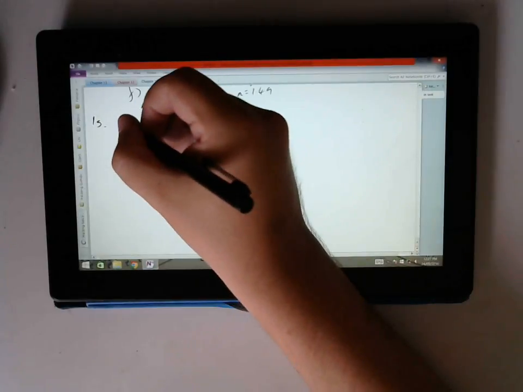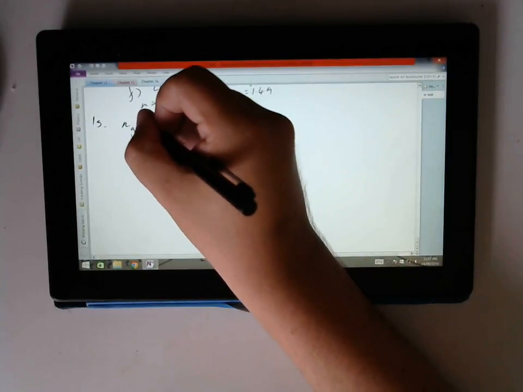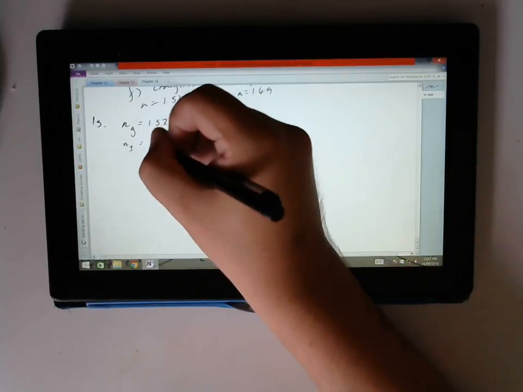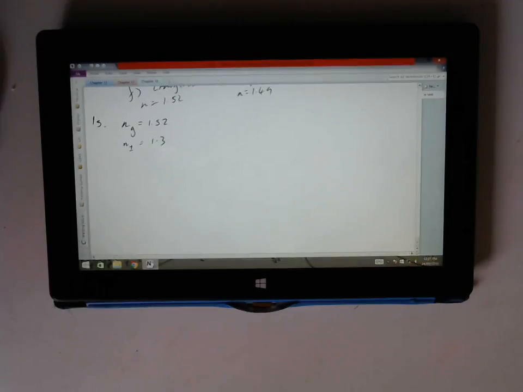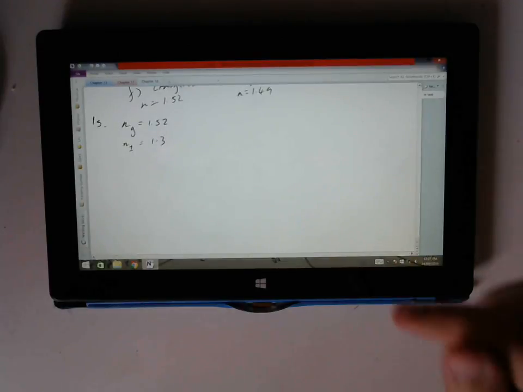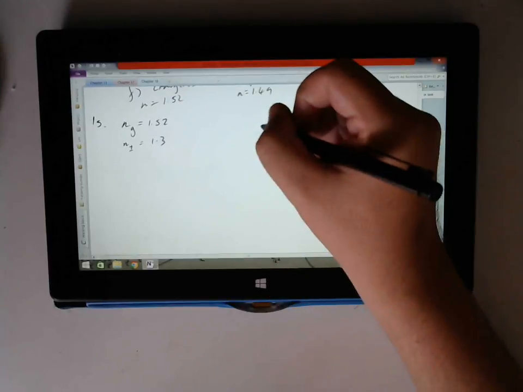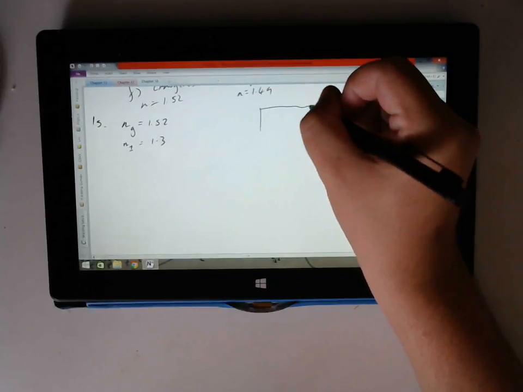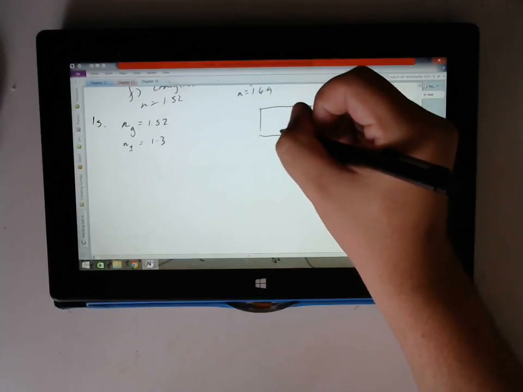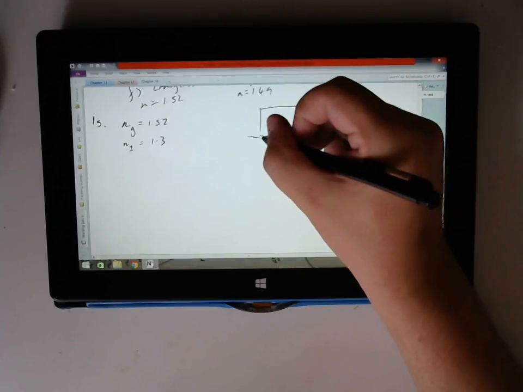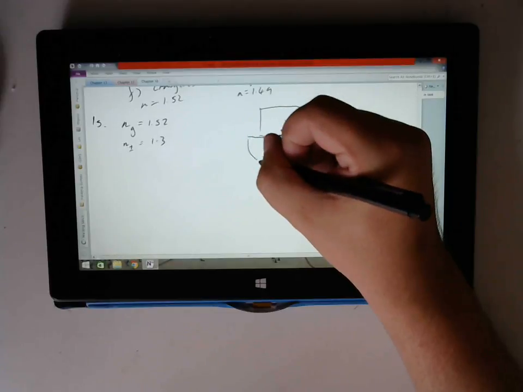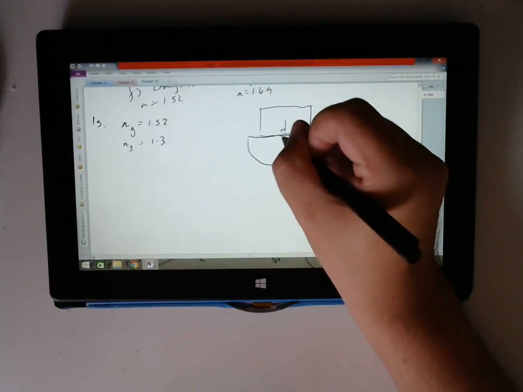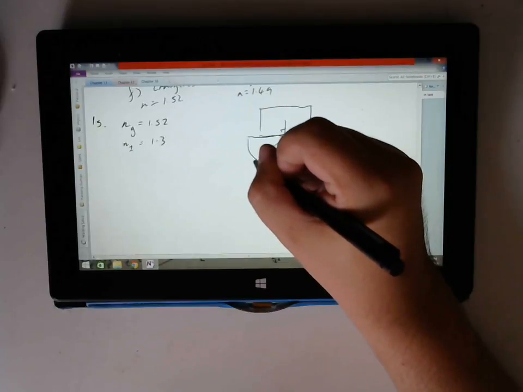Crown glass, so n of G would equal 1.52, and n of the ice equals 1.3. We saw that before, so we'll just use those numbers. And the diagram kind of looks like this. We've got that block of ice sitting on our semicircular block, and the light is being shone in through the side. So we don't care if there's any bending here.